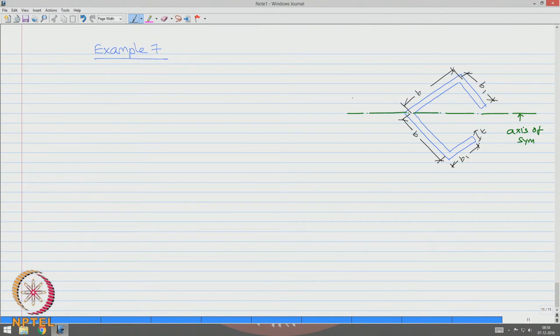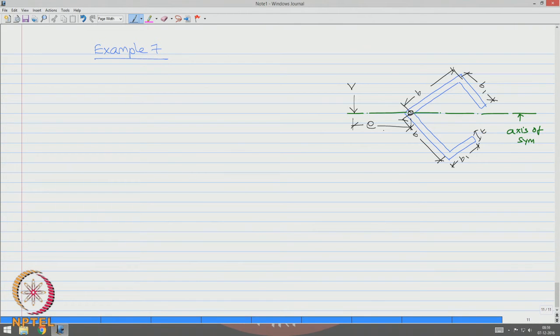So, let us say my load is going to act here and let us mark the shear center distance from this point as E. Let us mark the shear flow.